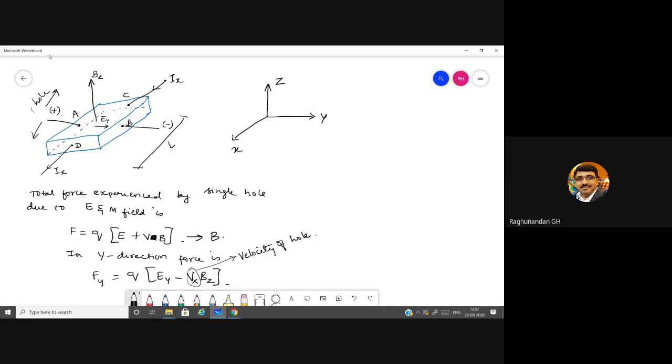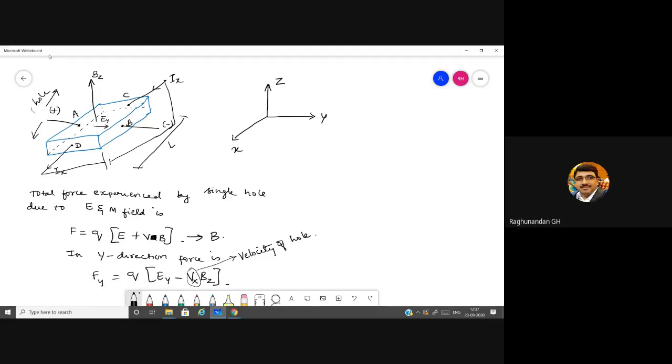Just analyze the last figure which I wrote. This will be connected to the positive terminal of the battery, and the other terminal will be connected to the negative terminal. See the direction of Ix we have taken and the direction of the hole.